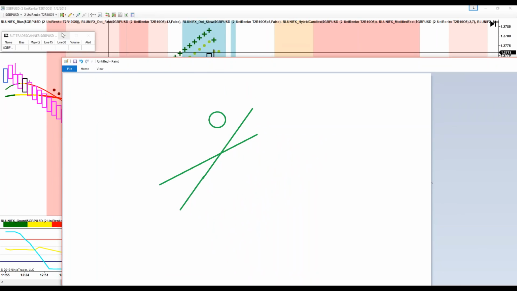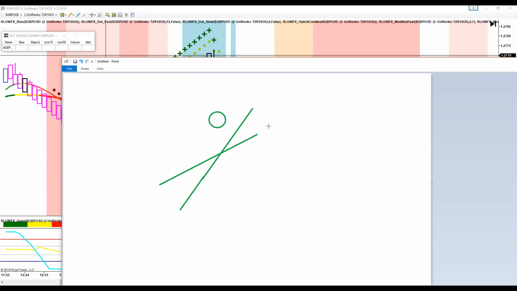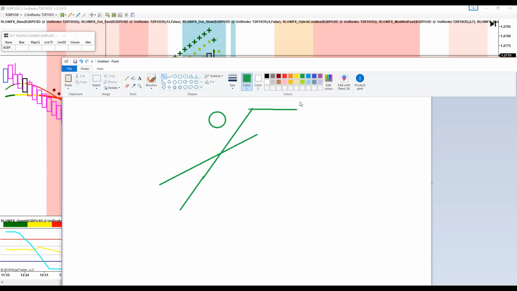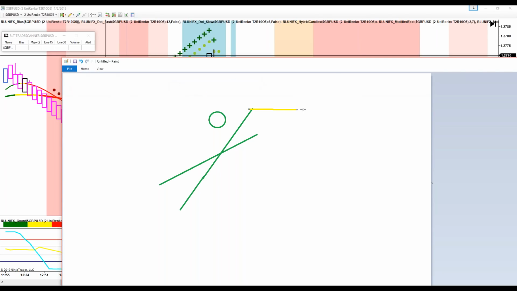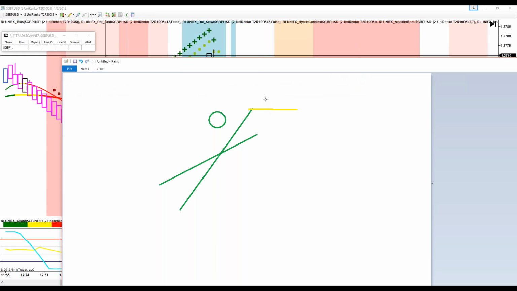Then at some point, what's going to happen is the 15 is going to flatten like this, and it's going to change color to yellow. Now the price is still above them both. You can stick it right here.